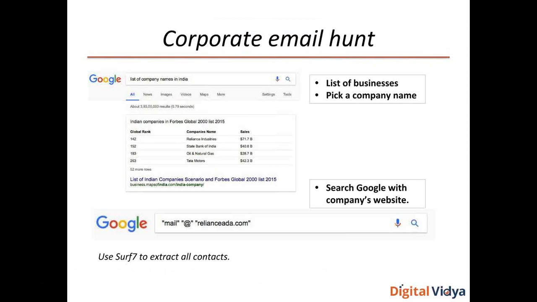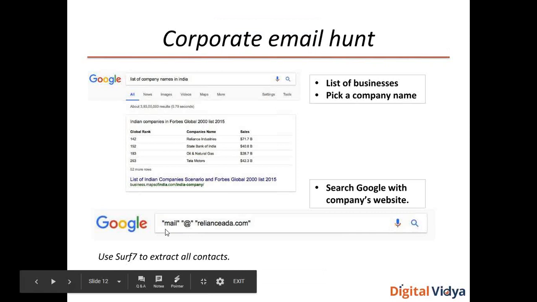If it is ending with a corporate email domain like relianceada.com, it belongs to an employee. Okay? relianceada.com, infosys.com. And the format you can use is this: mail, at the rate, the mailing domain, inverted commas, mails, inverted commas, at the rate, inverted commas, the mailing domain.